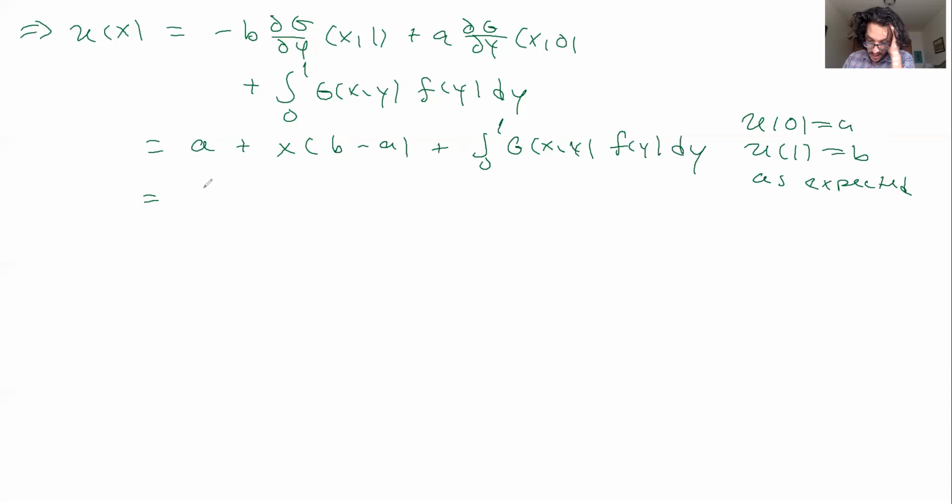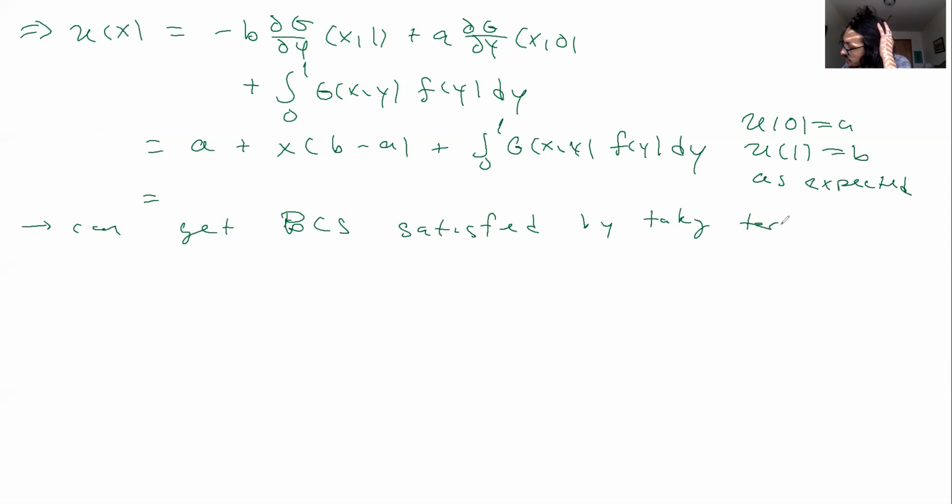So this incorporates essentially our boundary conditions, okay? So we can get boundary conditions satisfied by taking terms basically involving our Green's function, okay?